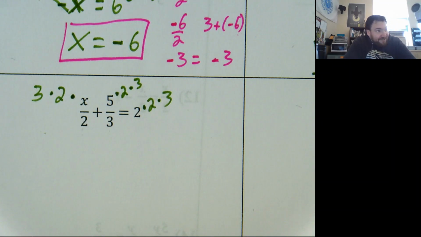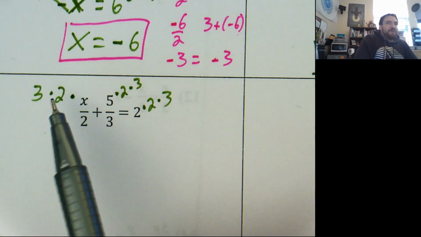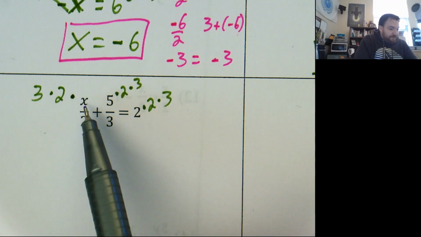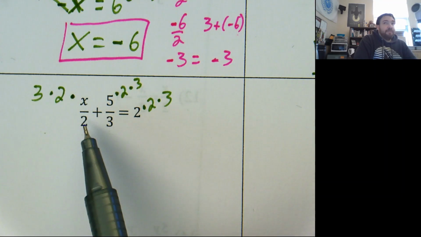Now some of you might be sitting there saying, that's exactly the same thing as multiplying by 6. Right, Hassan Joe? The difference here is the way I've written this allows us to make a simplification without actually having to worry about multiplying fractions. So look at why I did what I've done here. This first term means I have a 3 times a 2 times an x divided by 2.